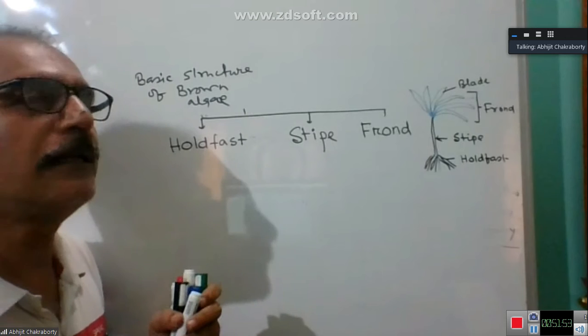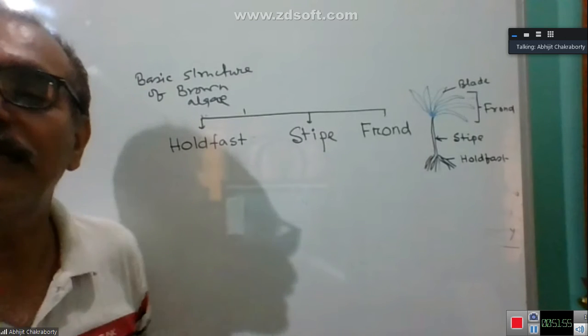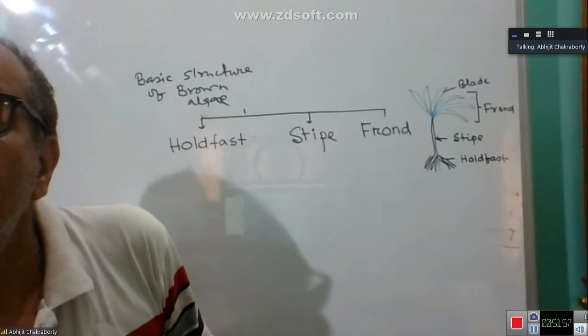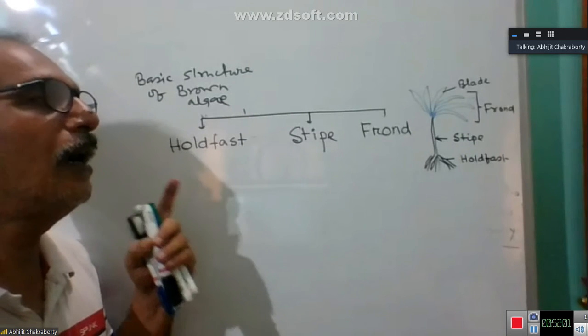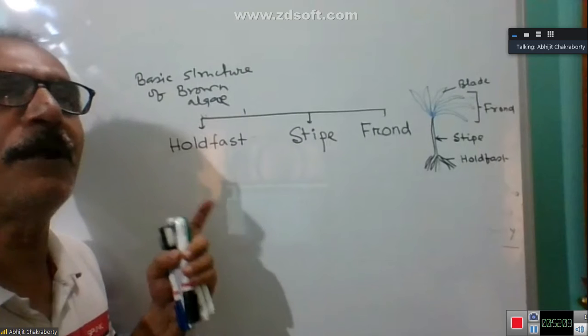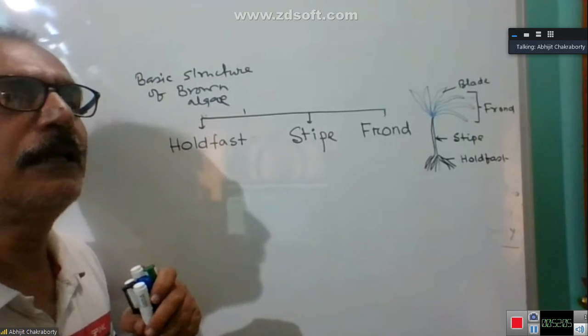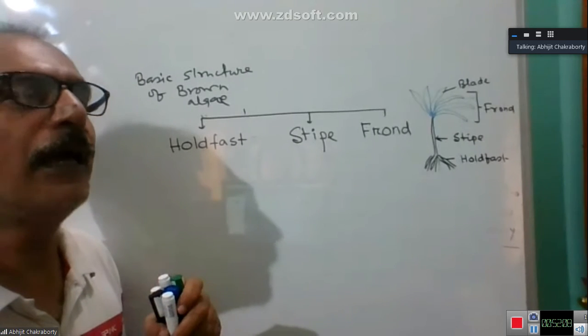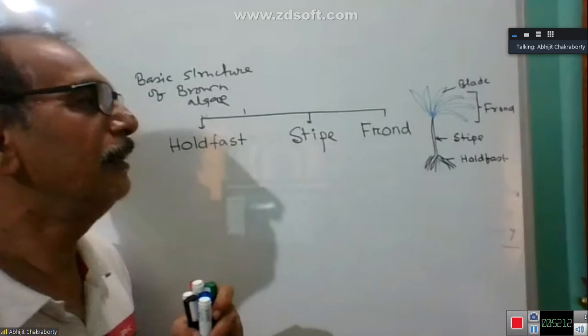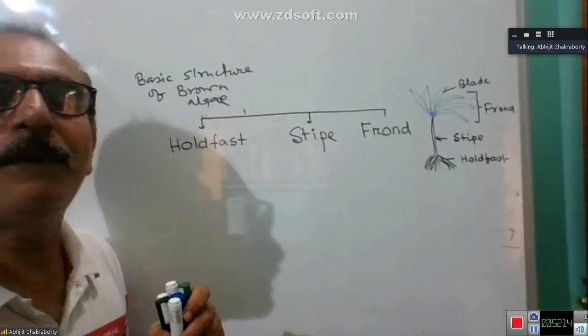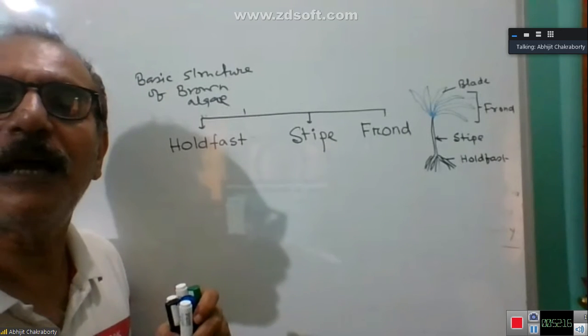But remember this thing, although in the beginning I said that the flagella found in brown algae are unequal and lateral. I discussed it in the beginning. But in the main plant body, flagella are not found at all.